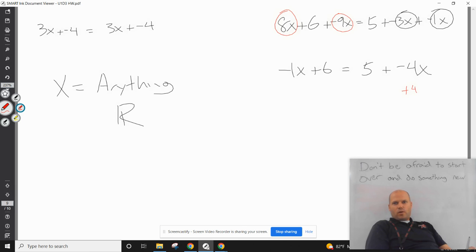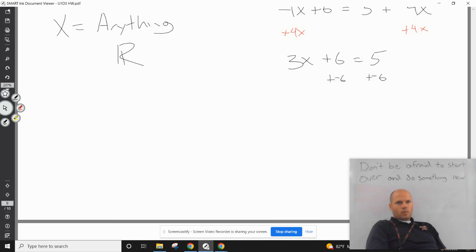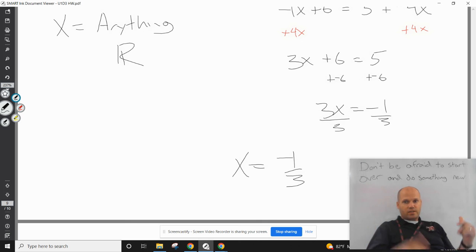I'm going to add the 4 x's to both sides, eliminate them from the right side so they remain on the other side, because then I have positive. So I'm not always going to put stuff on the right side. Just depends on the situation. Divide both sides by 3. X is negative 1/3. Fraction, that's okay.